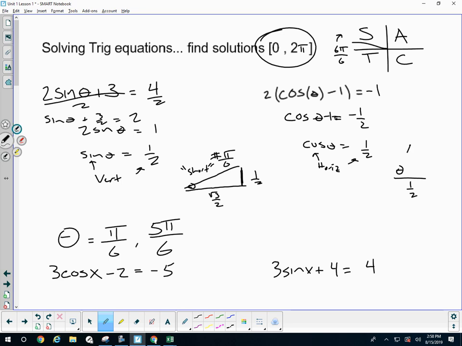It is my taller 30, 60, 90 triangle, where the vertical side length would be √3/2. This is my tall triangle, which is created from my 60-degree angles, which is my pi over 3s.